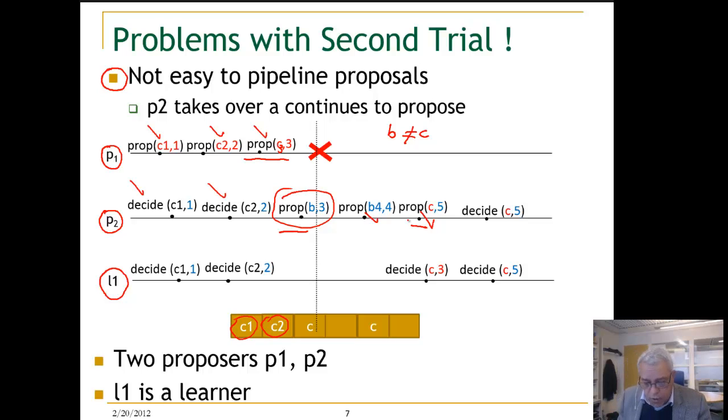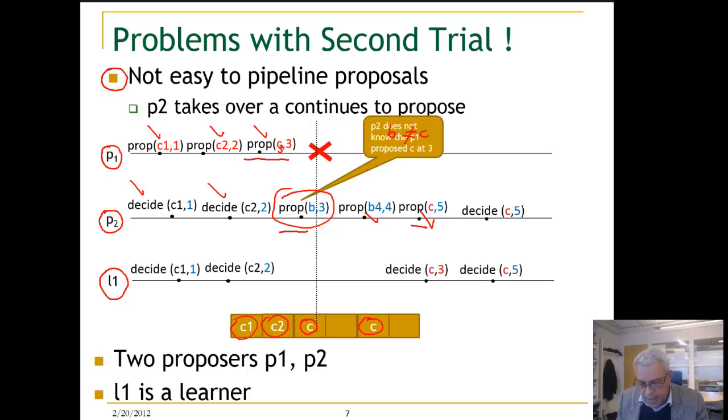So it might very well be that for slot 3 C gets decided, and it might also very well be that for slot 5 C also gets decided. So what do we have now? We have a situation where we have one command decided into multiple slots. And that is a problem for us, because we want to have a unique sequence of commands.